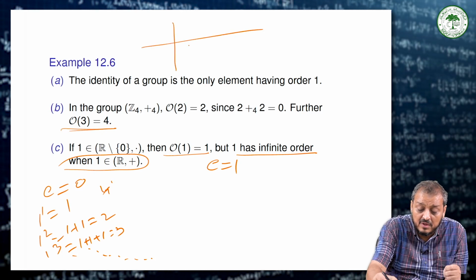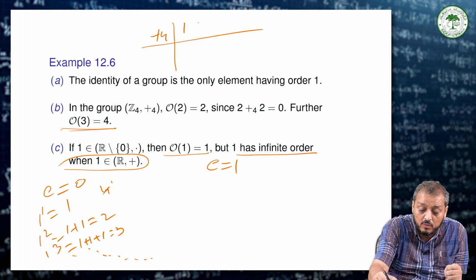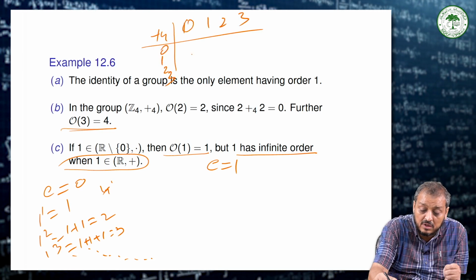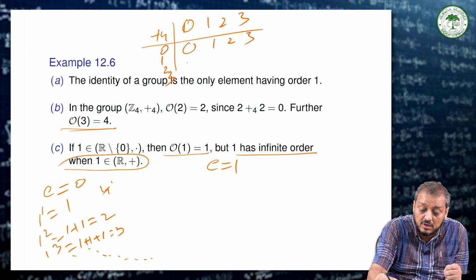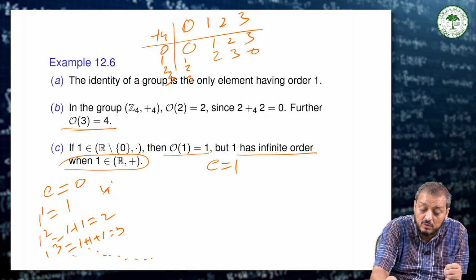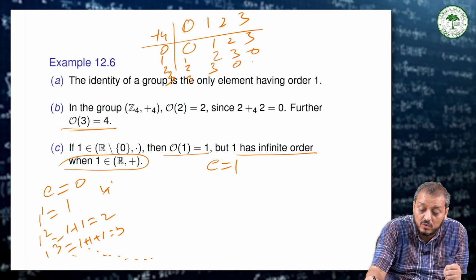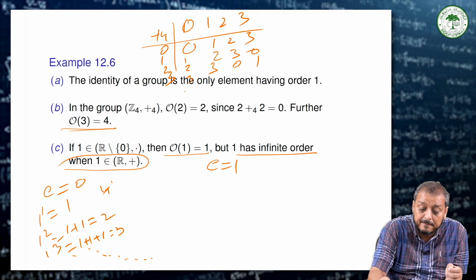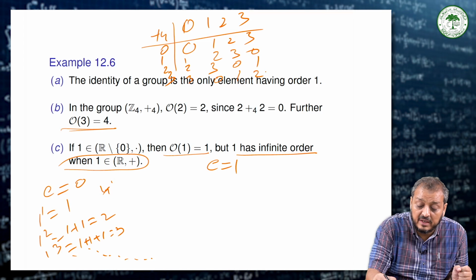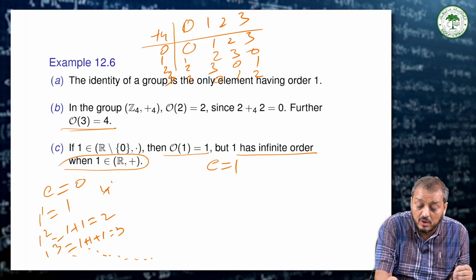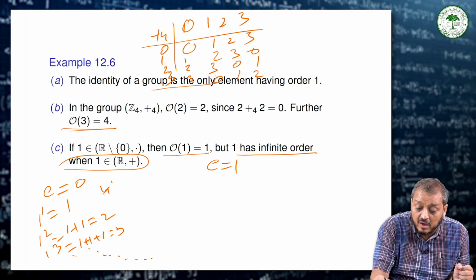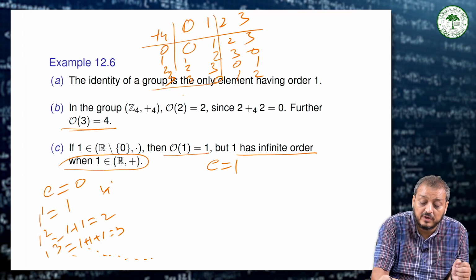If you see the addition modulo 4 table, 0 1 2 3, then 1 2 3 0, then 2 3 0 1, then 3 0 1 2, you check that 3 and 1 are inverses of each other.